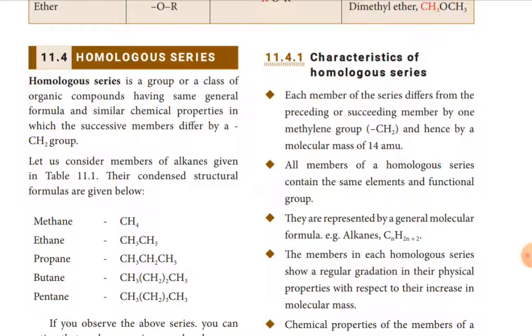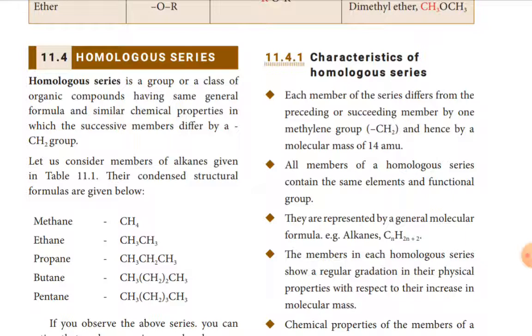When you read bit by bit, understanding the meaning, you can write what is homologous series. Homologous series is a group or class of organic compounds, a kind or type of organic compounds. Second point, same general formula. Third point, similar chemical properties. Fourth point, successive members differ by a CH2 group, a methylene group.